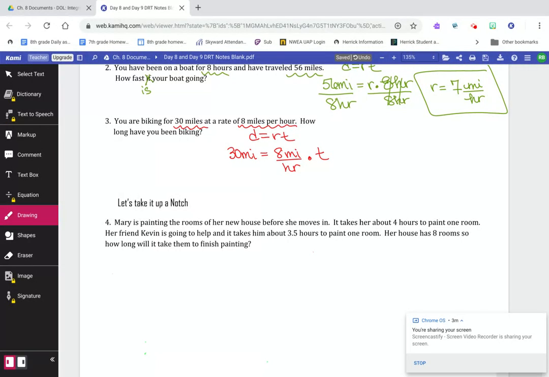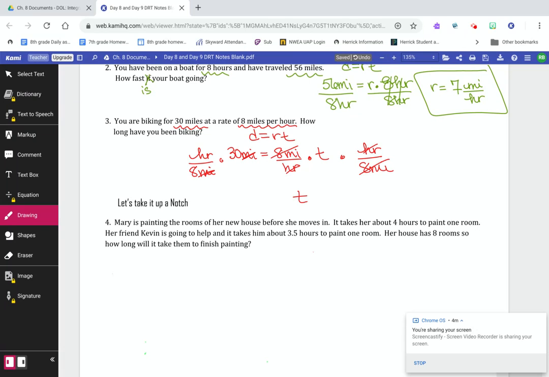To get t alone, we can multiply by the reciprocal, 1 hour over 8 miles, because that cancels everything out on this side. Usually you would think about just dividing by 8, but since I'm using the units in this problem, we have a fraction with our units. So the miles would cancel.